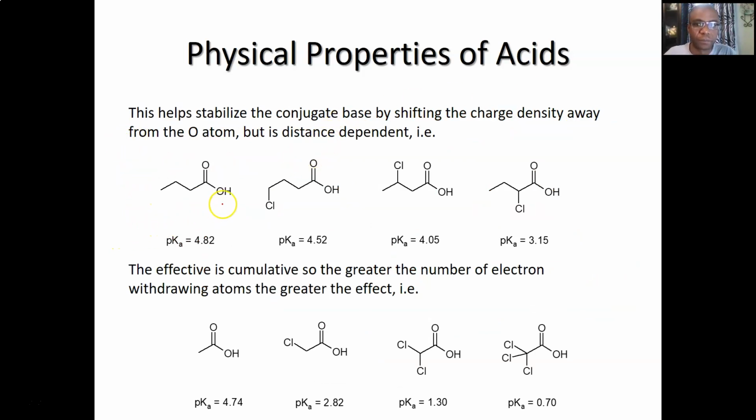Alright, so the chlorine pulls electrons. Now, what if you have this situation? In this case, we're going to consider distance alongside inductive effect. So what is the effect of distance of the substituents alongside inductive effect on acidity?